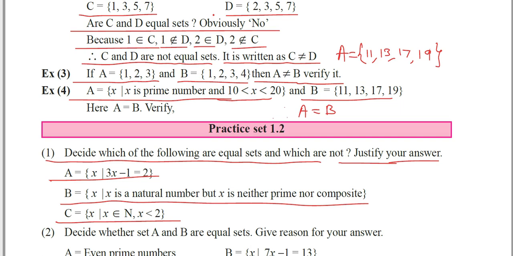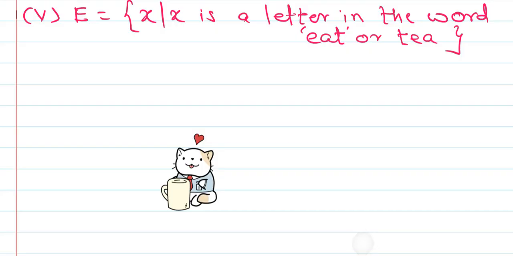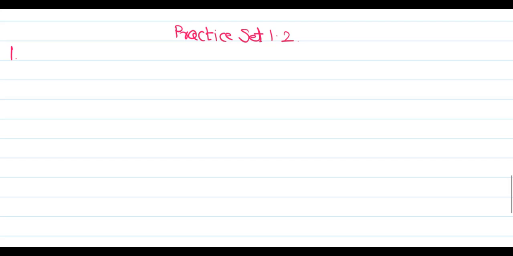B is equal to {x such that x is a natural number}. Now we'll solve this. We have A is equal to {x such that 3x minus 1 is equal to 2}. Now if we solve this, that is 3x minus 1 is equal to 2.